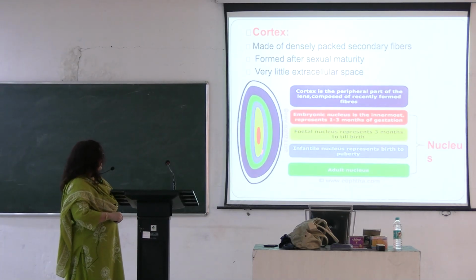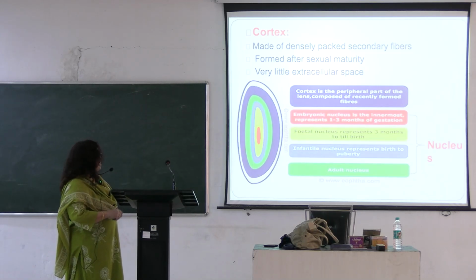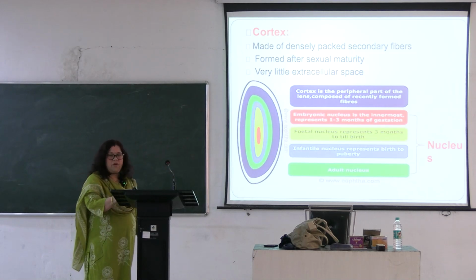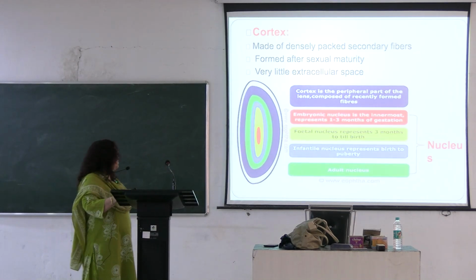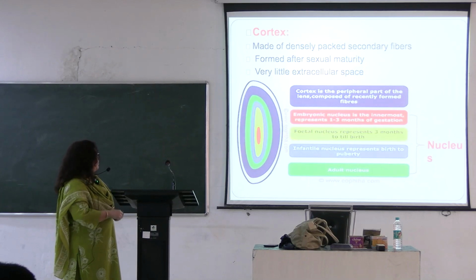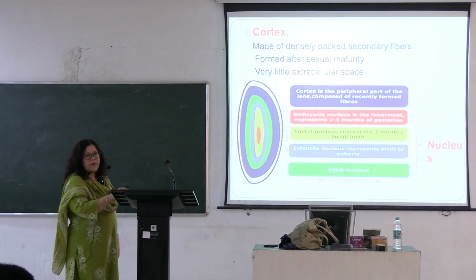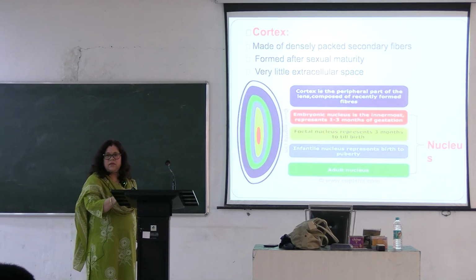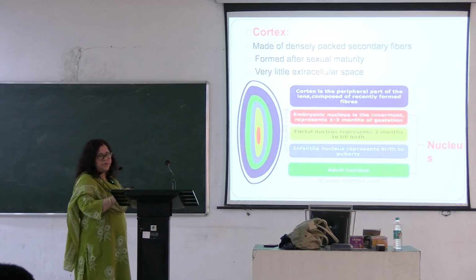and this blue color is the infantile nucleus. Infantile nucleus is formed from birth to puberty, and after puberty the lens fibers formed are called adult fibers.